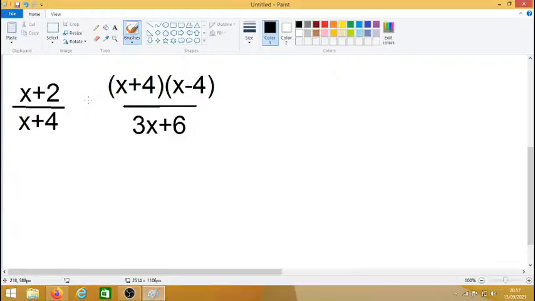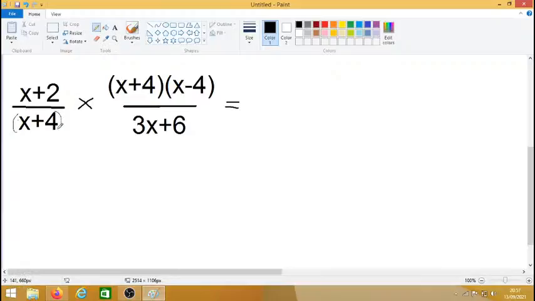Now this is what I meant about the kind of examples where you really want to be doing the cancelling first, because if you go ahead and try to do top times top, bottom times bottom, you are going to end up with a big thing that you're going to have to start cancelling down, and it's going to look quite horrible. So look for the cancelling first. Let's get a bracket around here.